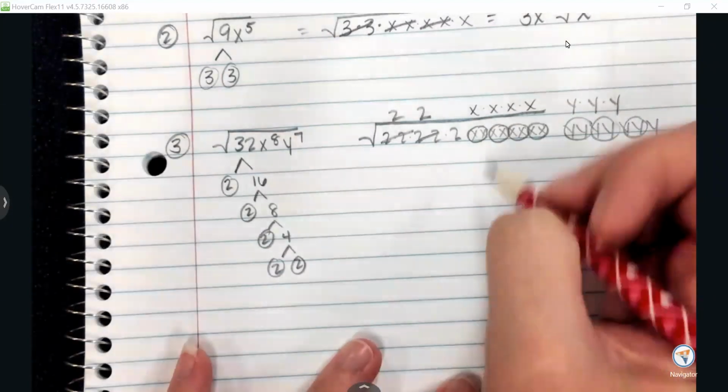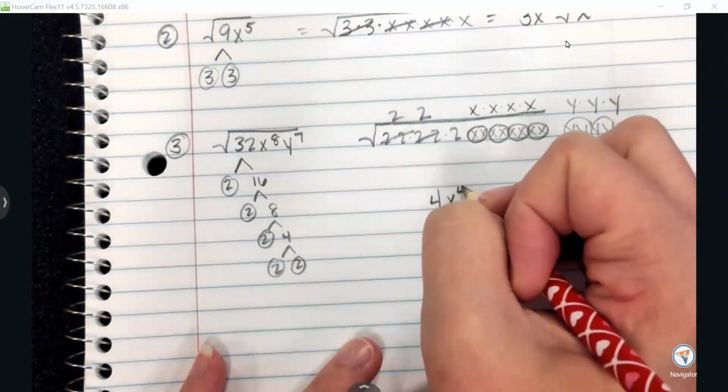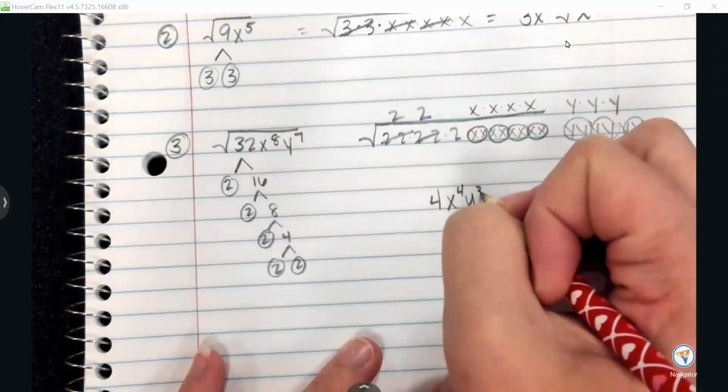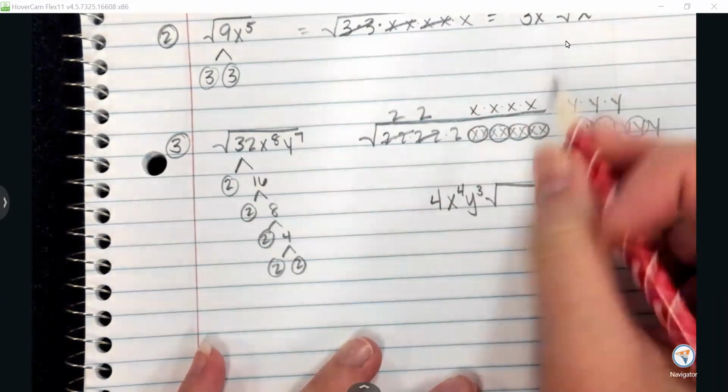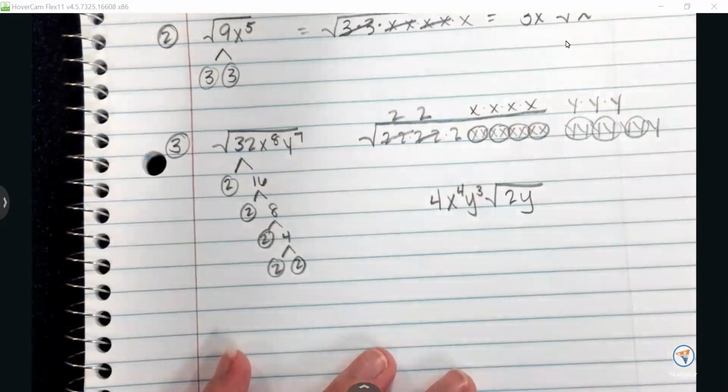So what do I have outside? 4x to the 4th, y cubed, and what's left inside? 2y. Okay.